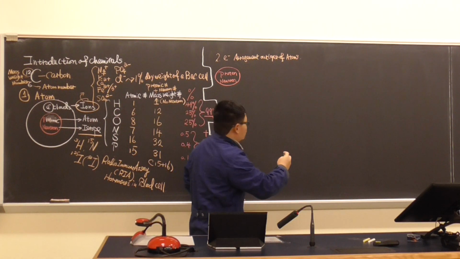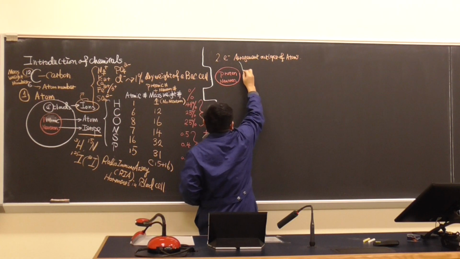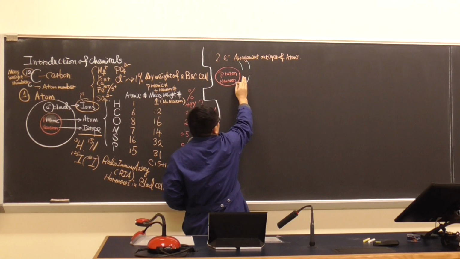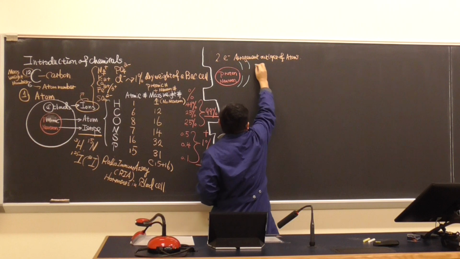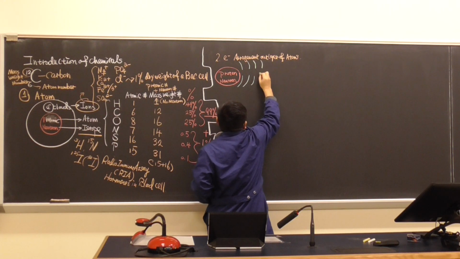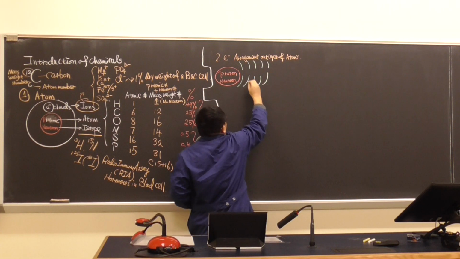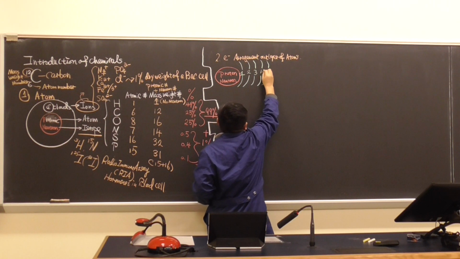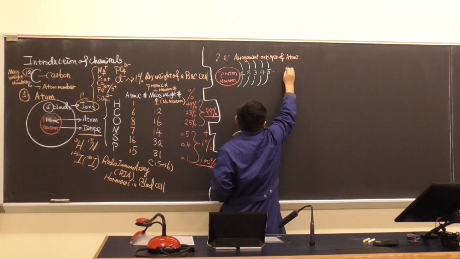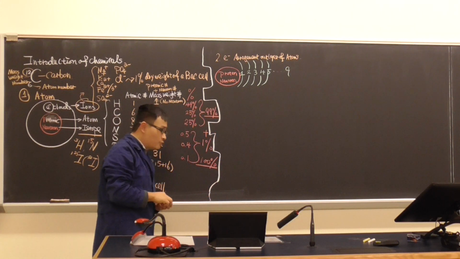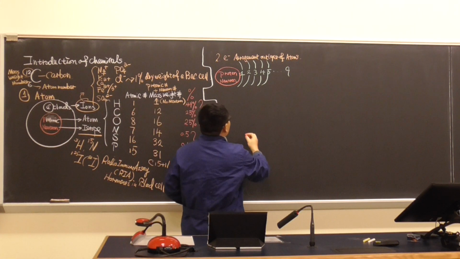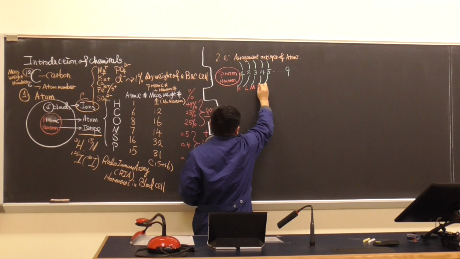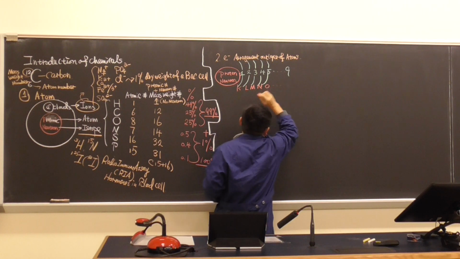Their arrangement is from the inside to the outside layer of an atom, and there can be multiple layers, numbered 1, 2, 3, 4, 5, up to 9. Then we have English letters to represent them: K, L, M, N, O, and so on.